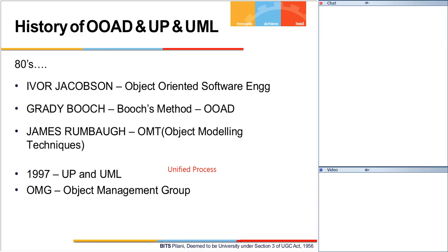One very important aspect of the unified process was UML, the Unified Modeling Language. It was to support the object-oriented domain that they came up with the unified process, which advocates the use of the unified modeling language. We'll see today what the unified modeling language is as well. So let's move ahead.